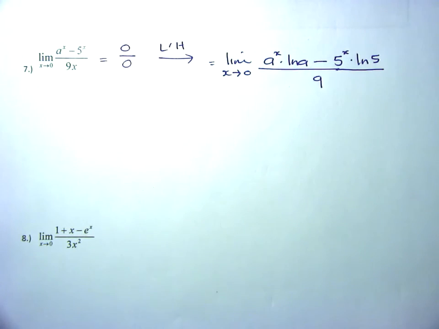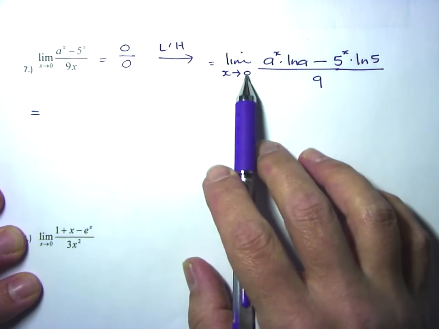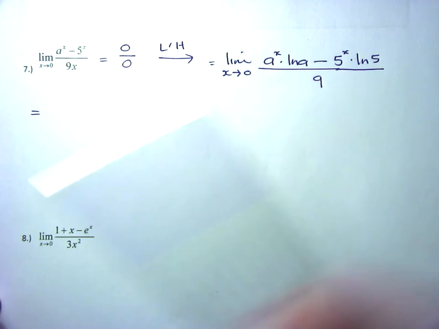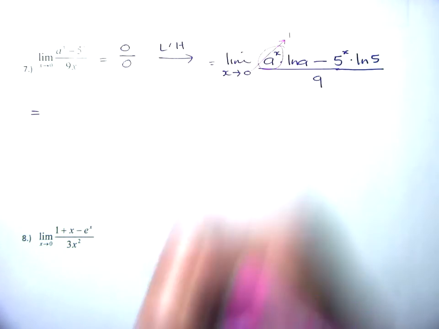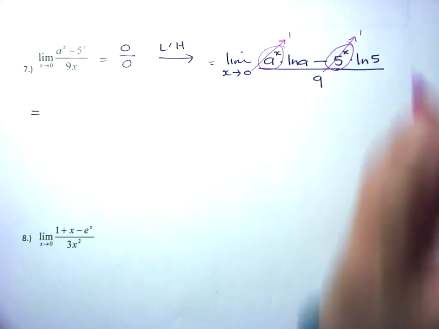And now we can go ahead and plug the limit in again. Here we go. If I plug 0 in for x, a to the power 0 is just equal to 1. 5 to the power 0 is 1.